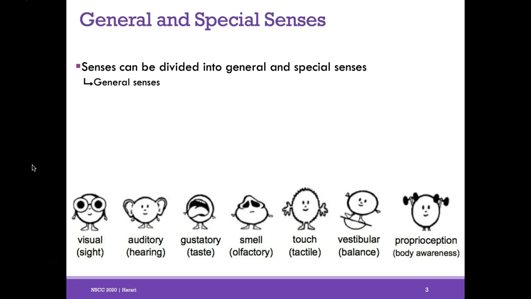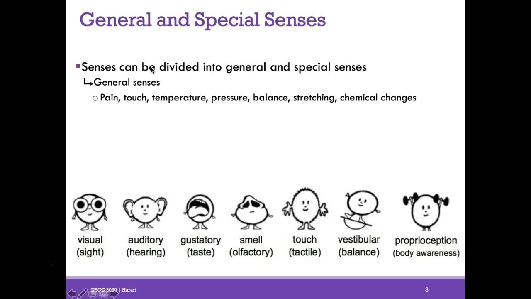So the general senses include pain, touch, temperature, feeling of pressure, balance, stretching, and also chemical changes like pH. So the general senses, these receptors are scattered throughout our body. For example, we have nociceptors that detect pain throughout our entire body, almost everywhere.